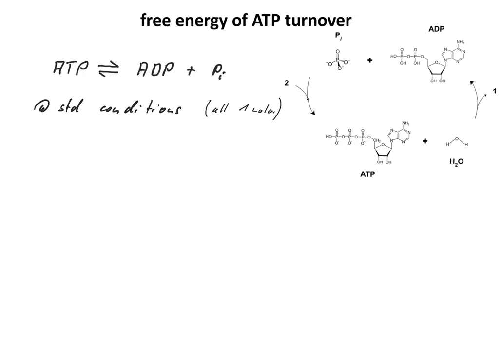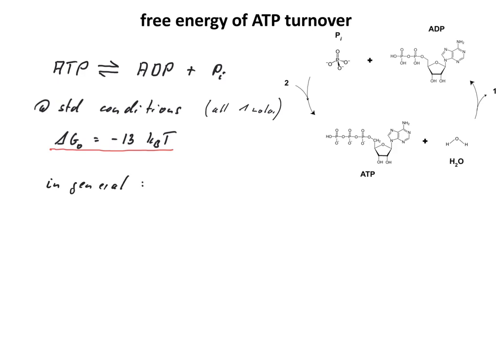We have to realize that the chemical energy, the delta G, actually depends on concentrations of all the components. And that will lead to a very different energy that is available for one ATP. And this will be a really surprising result.